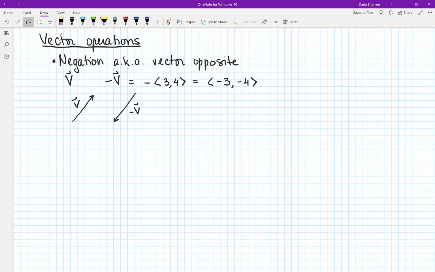The next one is called scalar multiple. Let's say I again keep the same vector v. I can multiply it by a scalar, which is just taking that scalar and distributing it to both x and y components.